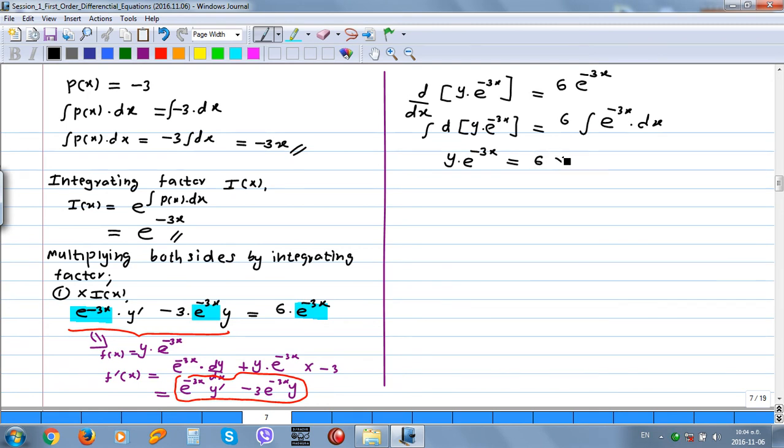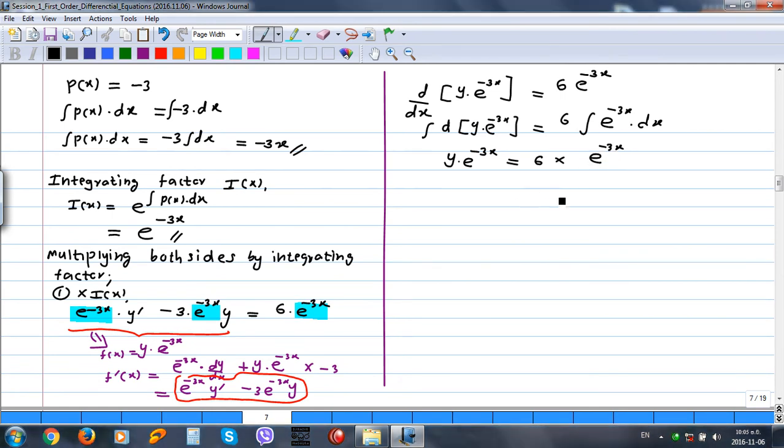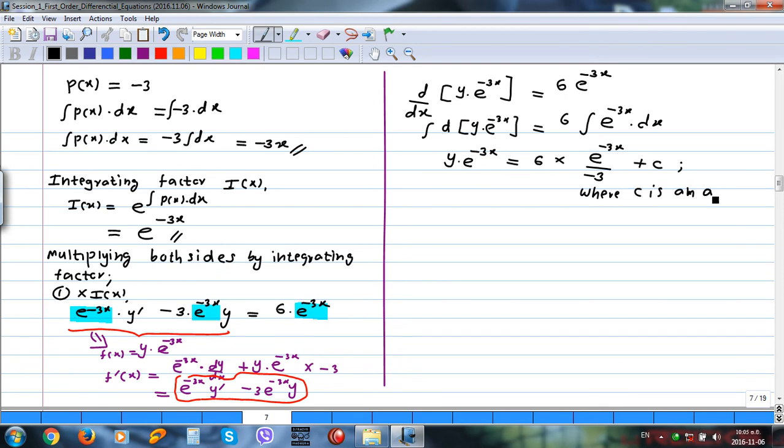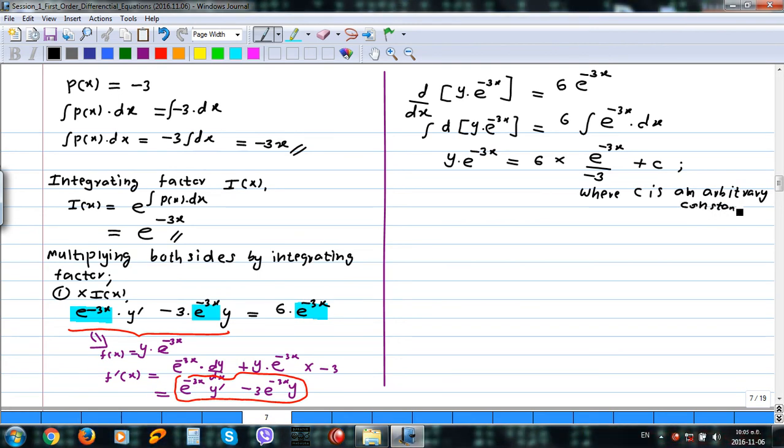So we can integrate this, e to the power minus 3x divided by minus 3, and we have to add a constant plus c, where c is an arbitrary constant.